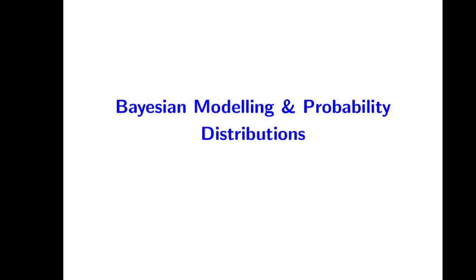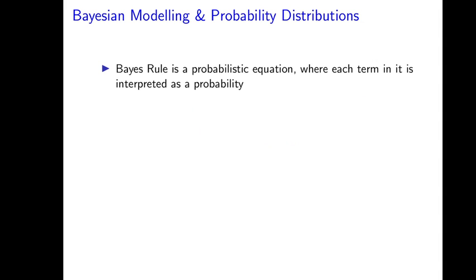Next, we will discuss the relationship between Bayesian modeling and probability distributions, and why probability distributions are always mentioned when we talk about Bayesian inference. Bayes' theorem is a probabilistic equation in which each term is interpreted as a probability.